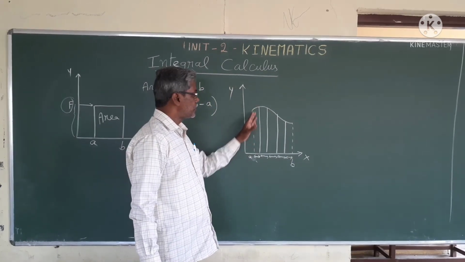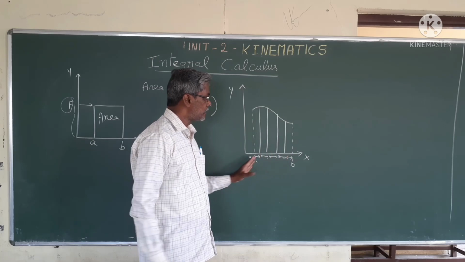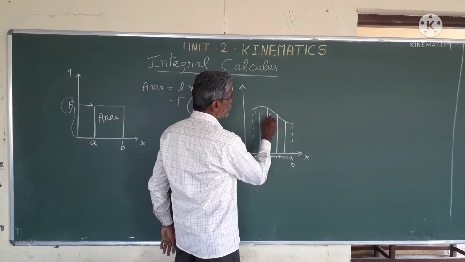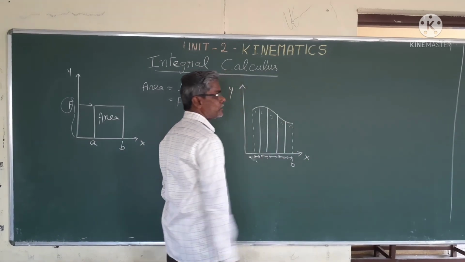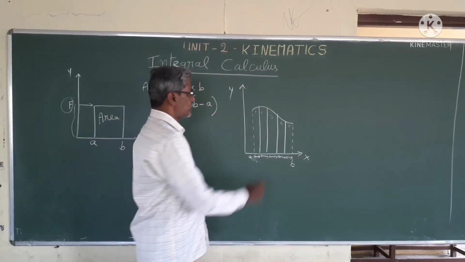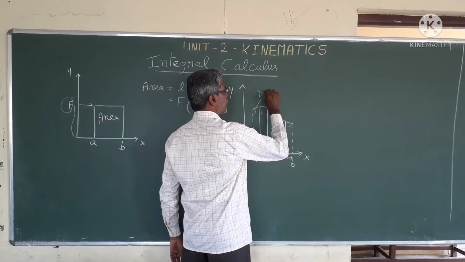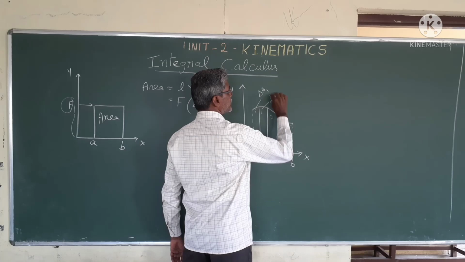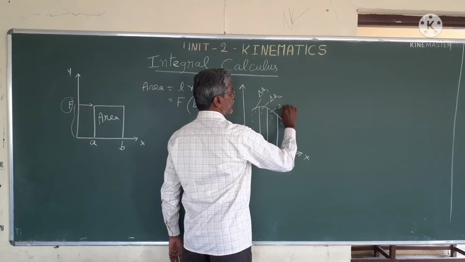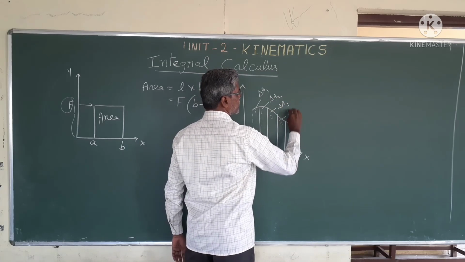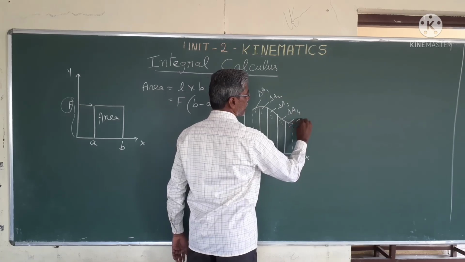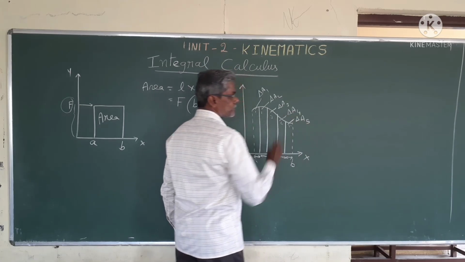I am dividing this area into 1, 2, 3, 4, 5 strips. This is area delta A1, this is delta A2, this is delta A3, this one is delta A4 and this one is delta A5.